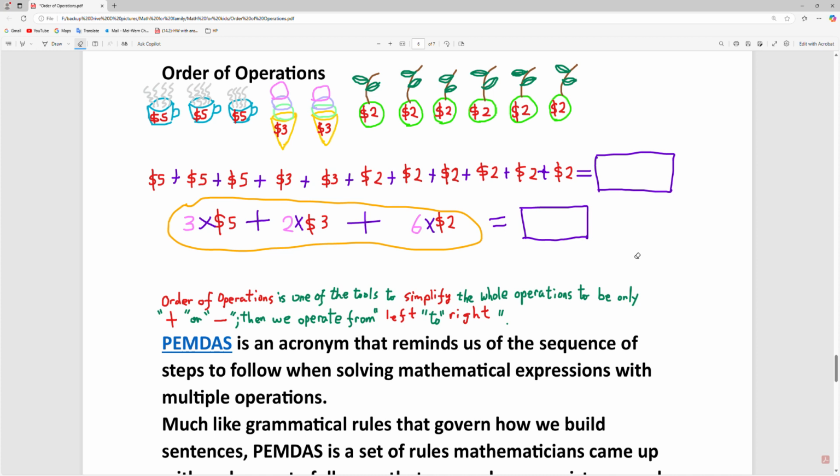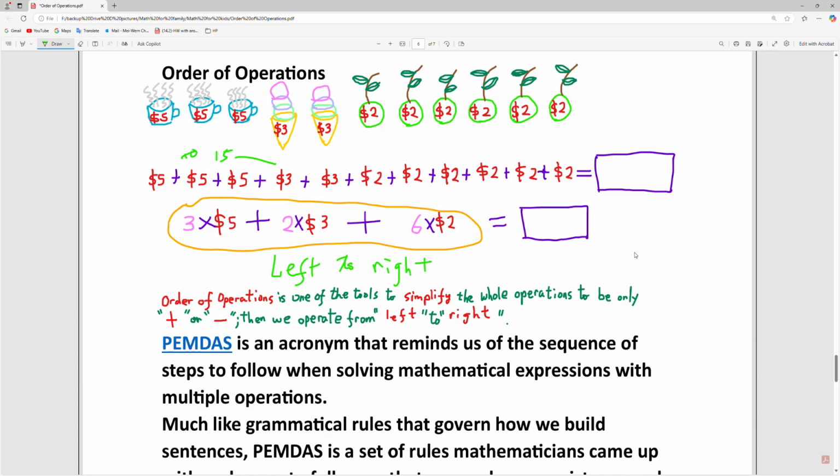And then, if you say, teacher, I'm just an elementary school kid, so can I just calculate this way? 5 plus 5 plus 5. So 5 plus 5, 10. 10 plus 5, 15. 15 plus 3. If you don't have any skill, the easiest way is you calculate from left to right.